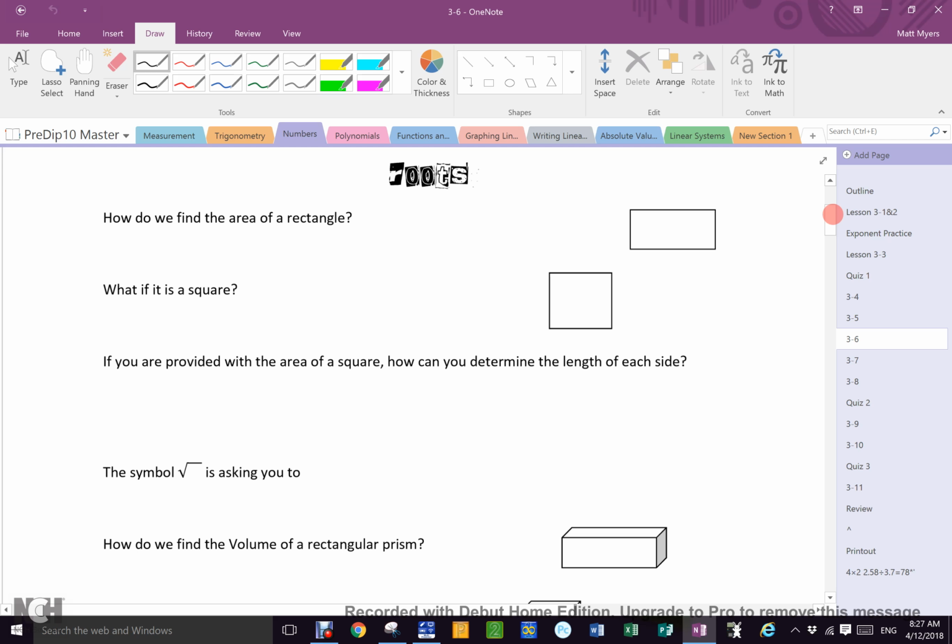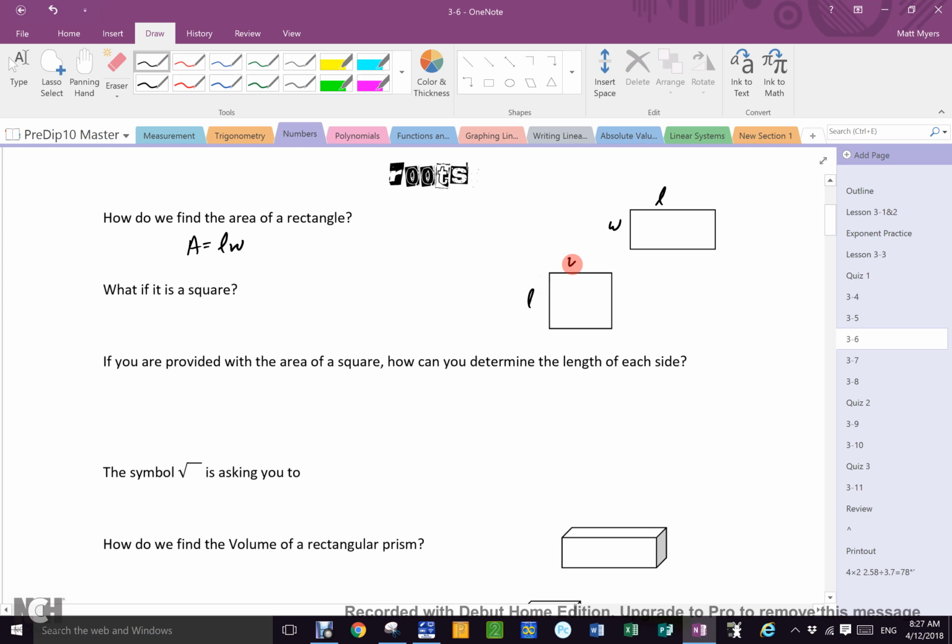All right. So, actually, Harmon just asked pretty much what the beginning of this lesson is about. So we're going to blow through this pretty quickly because you guys already know how to do this. How do I find the area of that rectangle? LW, right? Area equals LW. A square is a special kind of rectangle, right?